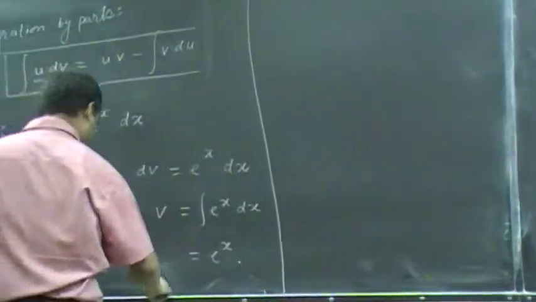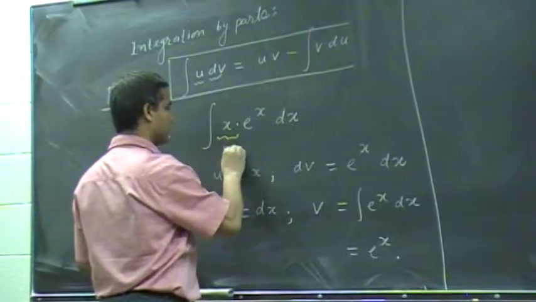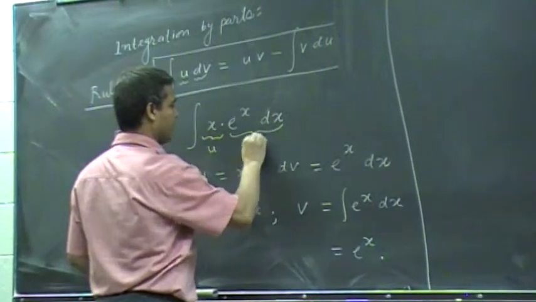Then what happens? This is our u, this is our dv.